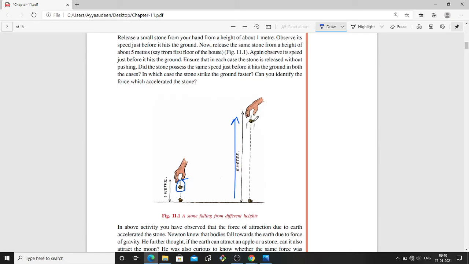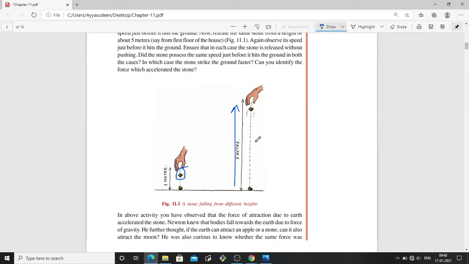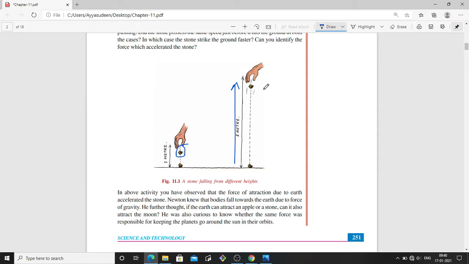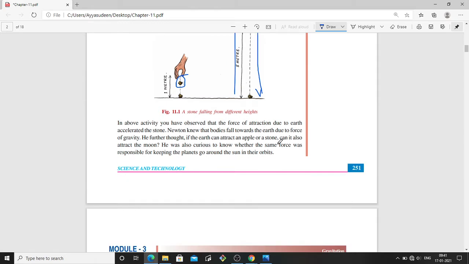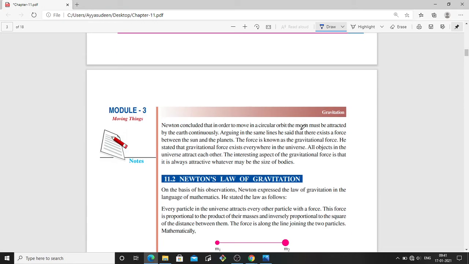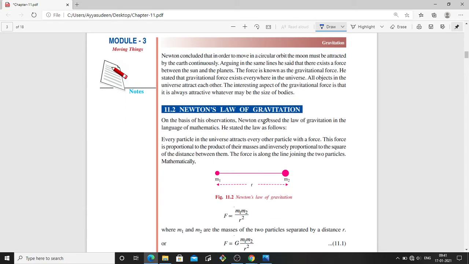They want to make us understand if the speed is the same. Obviously, the stone dropped from a higher height is going to have a greater force of attraction.